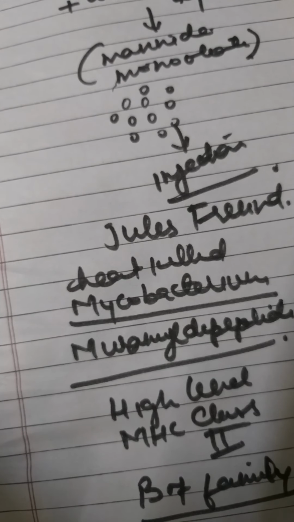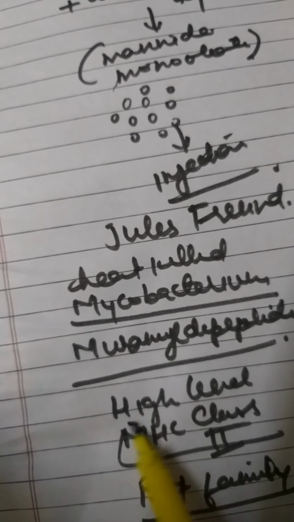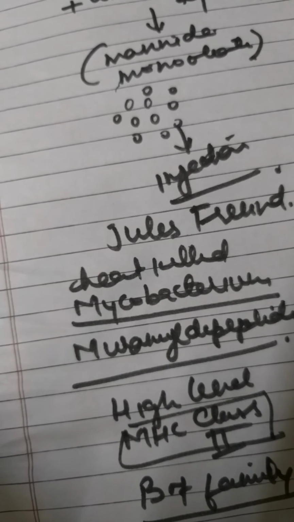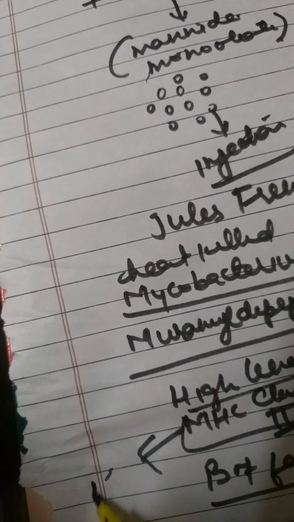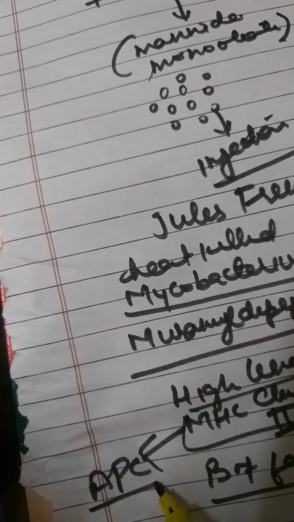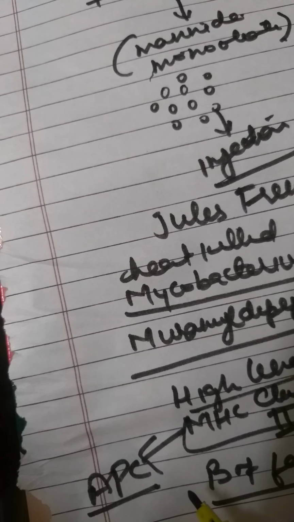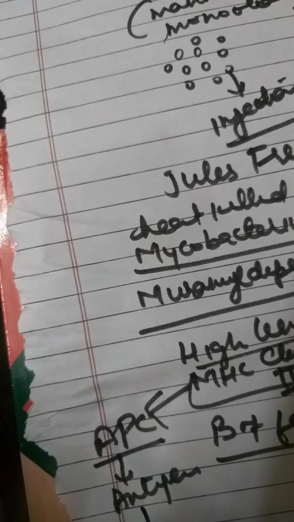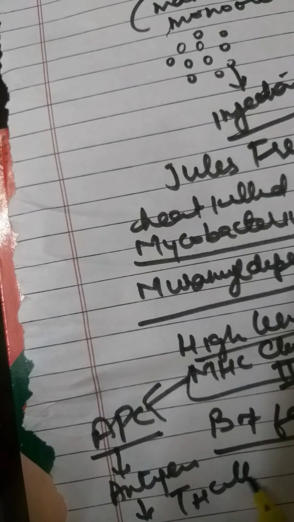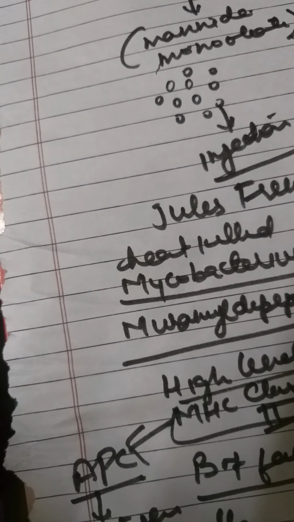The increased expression of class 2 MHC increases the ability of antigen presenting cells to present antigen to Th cells. So this is how the adjuvant acts.